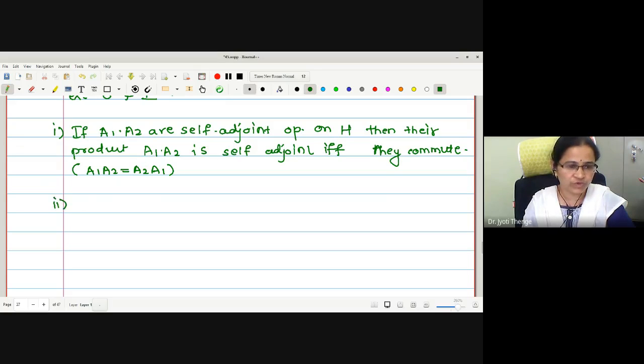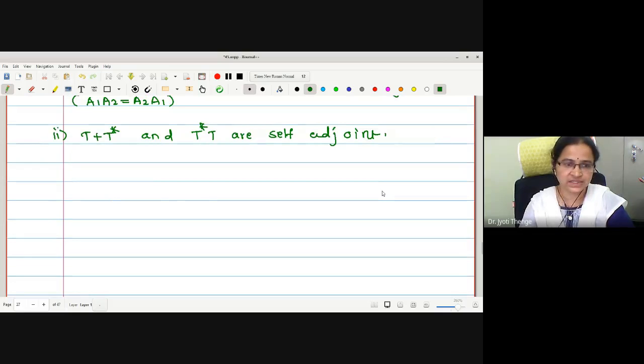One more we have. Whenever T is an operator, then T plus T star and T star T are self-adjoint. One can check it very easily. Suppose I want to check whether T plus T star is self-adjoint. I have to consider the adjoint of T plus T star, and by the previous properties, the adjoint operation preserves addition.